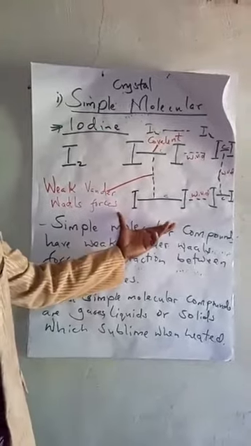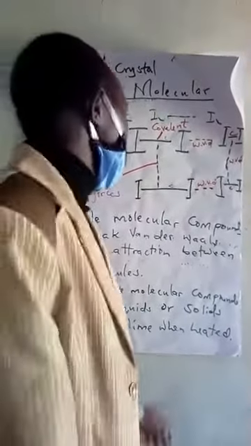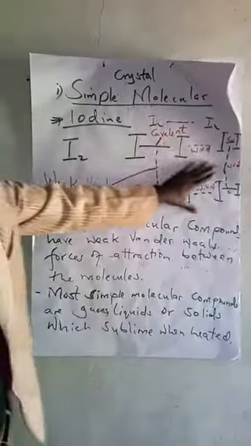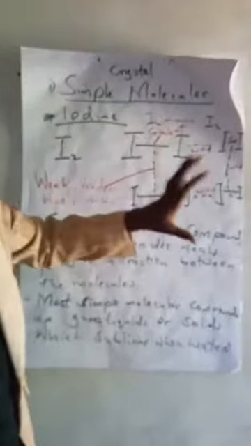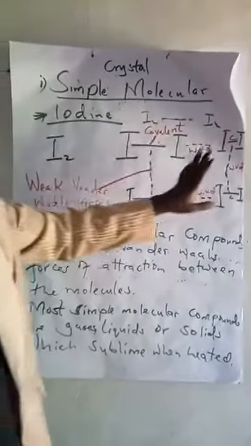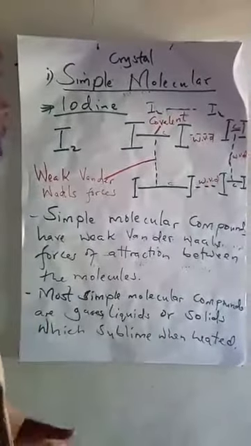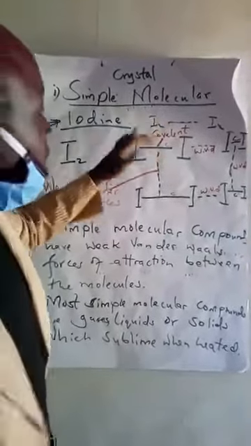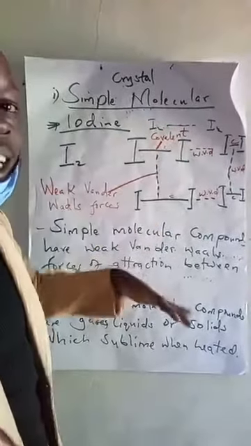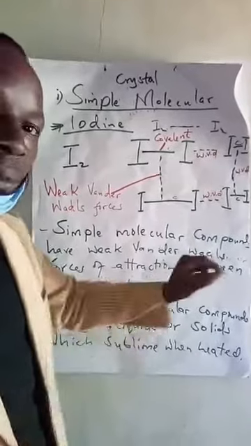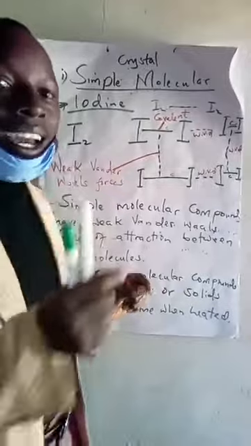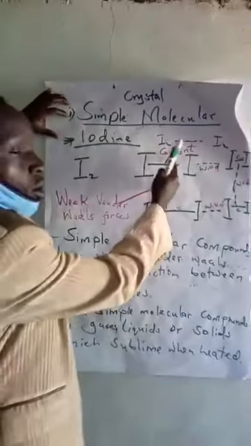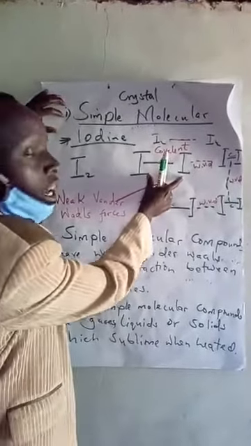Before I take this paper out, you need to know that we have used iodine to differentiate between covalent bond and weak van der Waals forces of attraction. Covalent bond is intramolecular, in the molecule, holding the two atoms together.